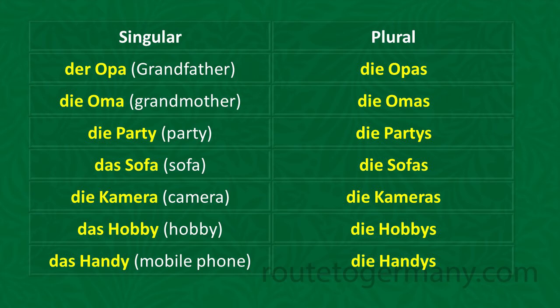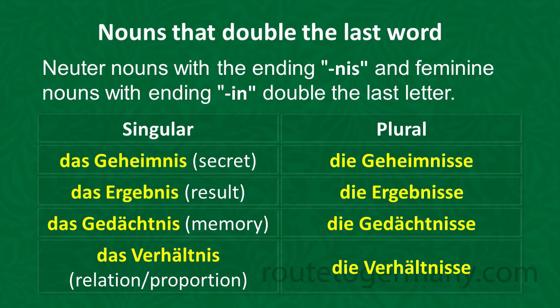Das Handy, die Handys. Neuter nouns with the ending nis and feminine nouns with the ending in double the last letter in the word.